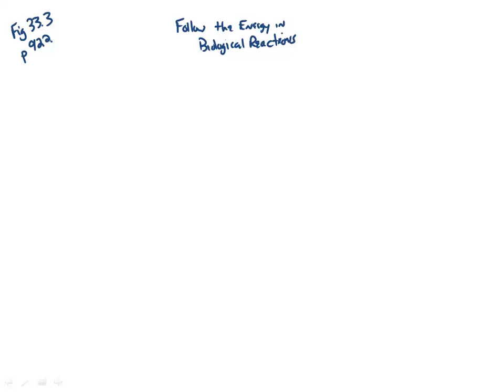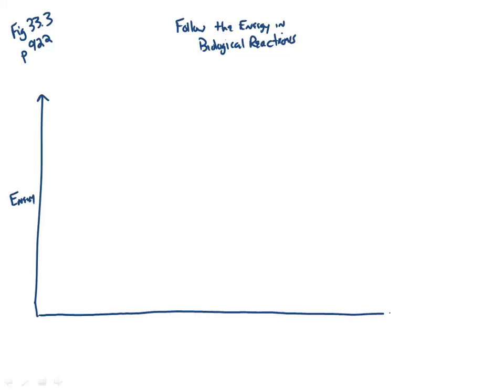But the general idea is that you should be able to convert the concepts into a diagram like this for any of the processes that we talk about. And so what they generally do is they place energy on one axis, and then they don't really have a second axis, but really there is. This is what we would call the reaction progress.